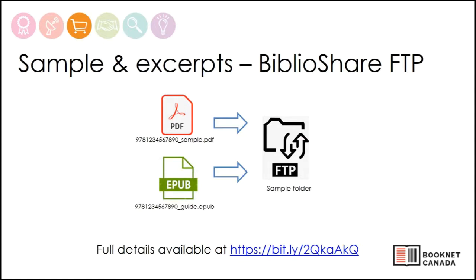BiblioShare has the option to post to their FTP folder, where your original ONIX files get posted, to a special folder called Samples, where you can post PDF and EPUB formatted files with an ISBN, an underscore, and then the type, whether it's sample or guide or TOC. Post them to the sample folder. Those will get processed into the BiblioShare repository right away, and that'll be something that CataList will be able to access and display on demand.